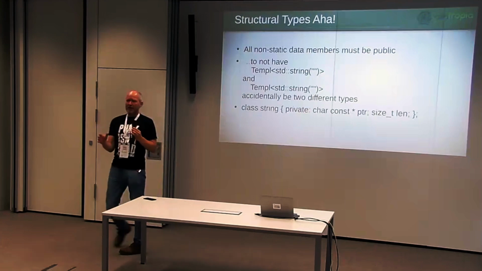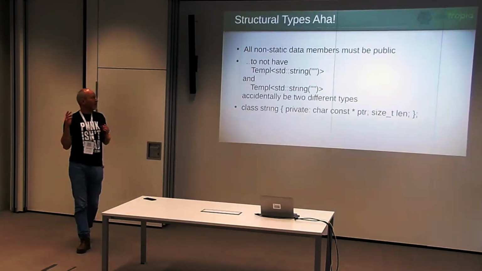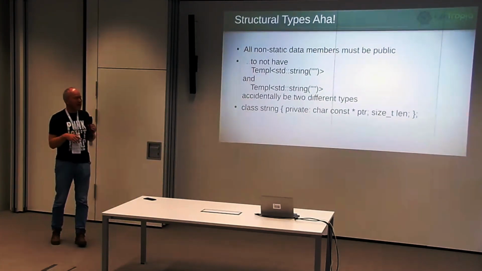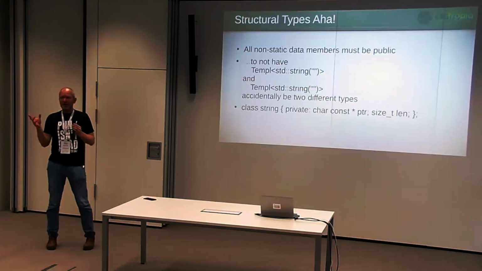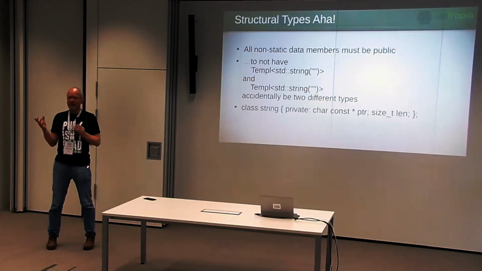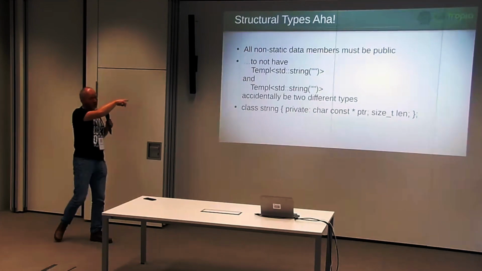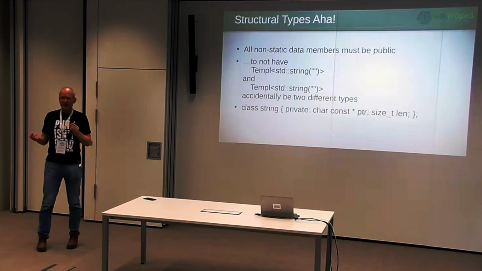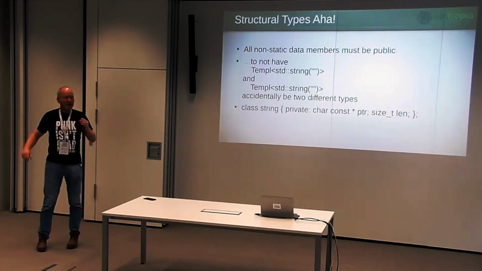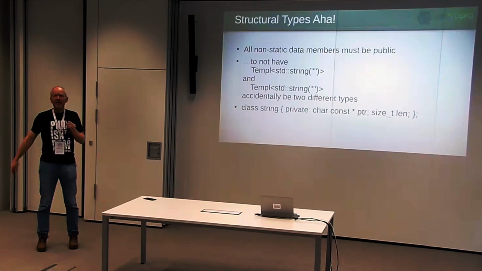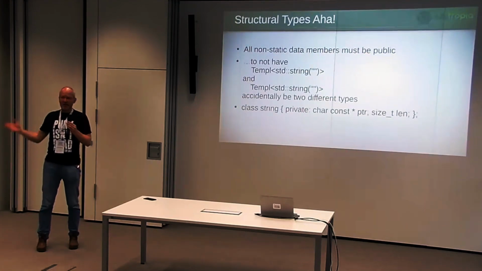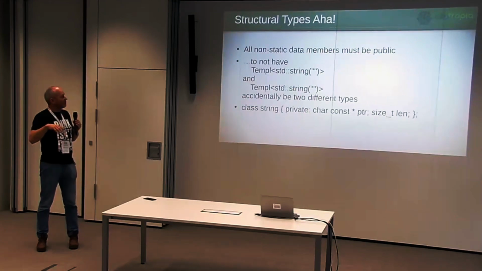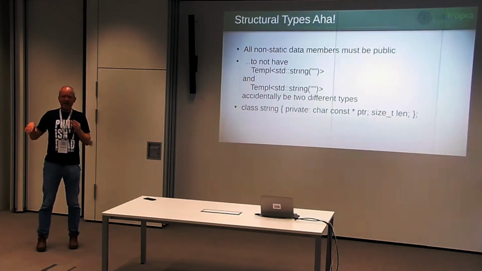Because the issue here is, when you have two instantiations of the same template with the same class value, these two should just collapse to one and the same instantiation. So you don't want to have different ones for these seemingly identical objects. So the compiler has to decide, I have two values of type standard string, are they identical in a sense?